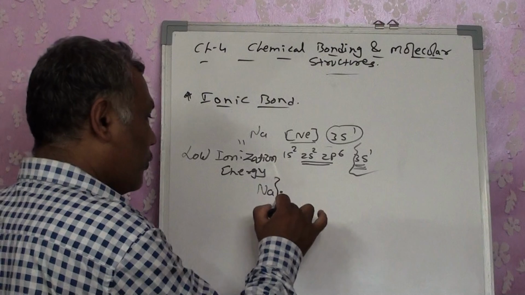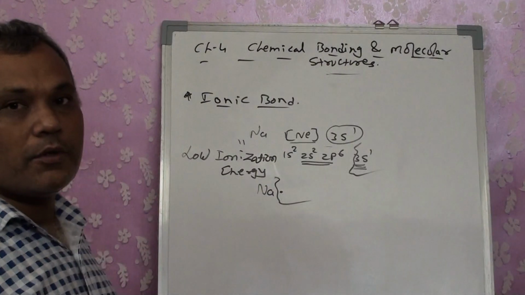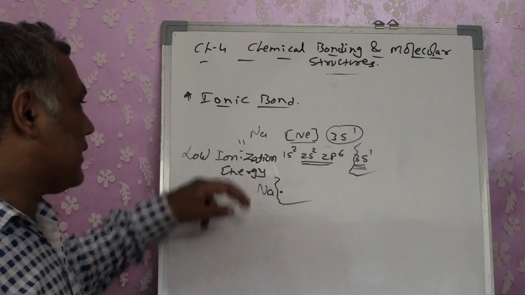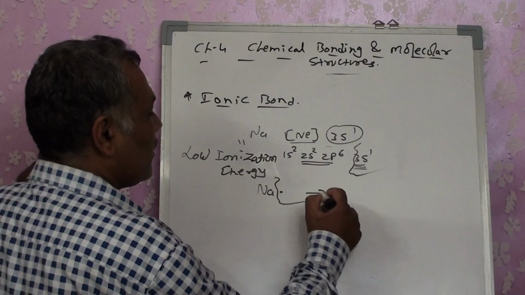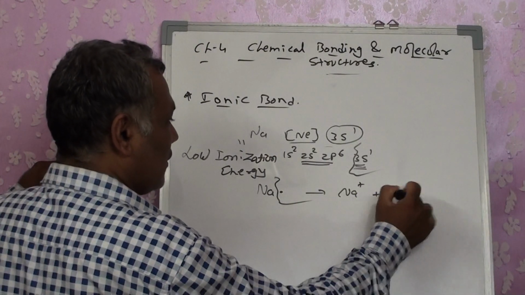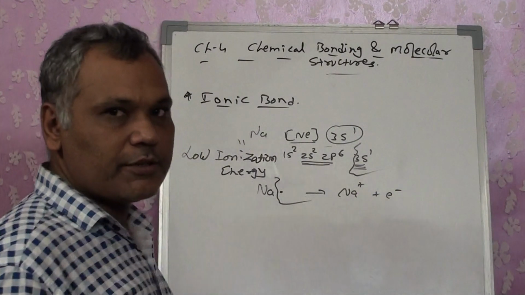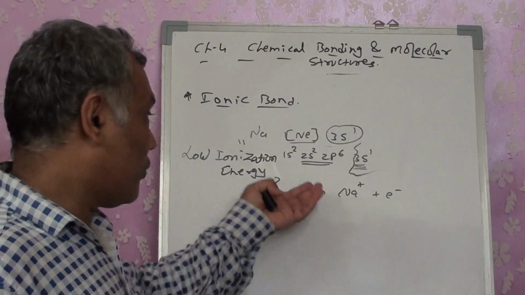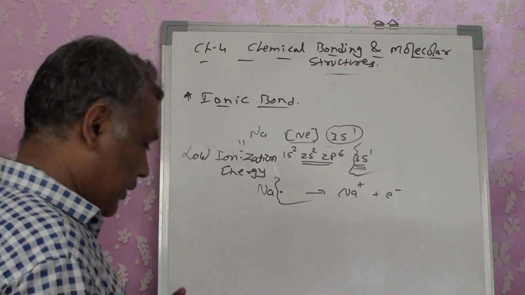To remove this electron, we need a very small amount of energy. As a result, by donating it, it gets converted into Na plus and separates the electron. The energy required is very little, so it goes for ionization.